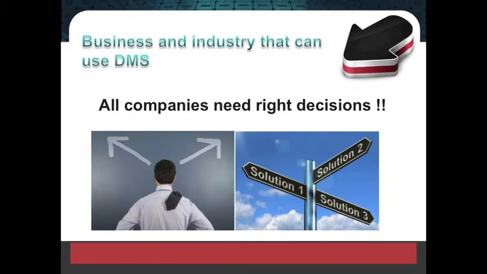Considering the application of decision-making software, it is a fact that it can be used in all types of industries and businesses. This is because right decisions must be made all the time by companies, regardless of what industry they operate in and what type of business they run. Thus, it can be found that such a technique can be widely used in different businesses.